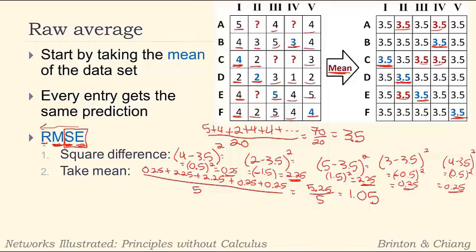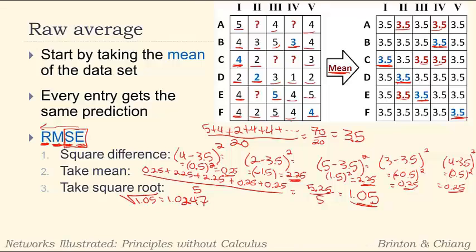And now finally we have to do the root. So we take the square root of the whole deal, this 1.05, to get the final error. When we take the square root of 1.05, that gives us 1.0247.